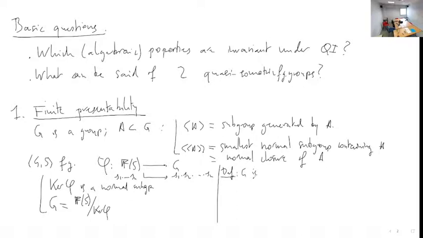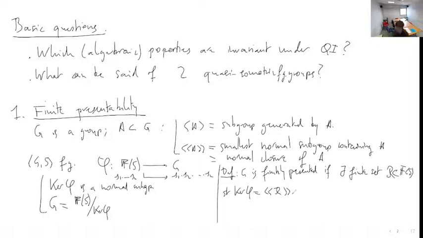is finitely presented if there exists a finite set that we call R, which is a subset of the free group over S, such that the kernel of phi is the normal closure of R. Okay.